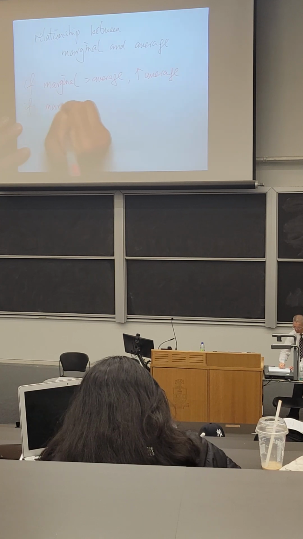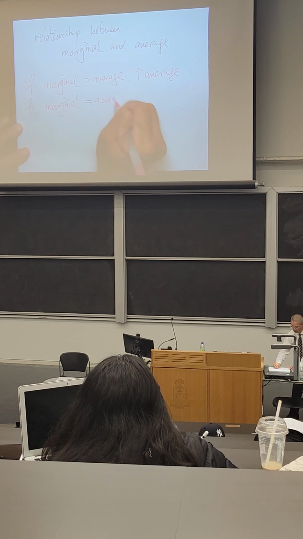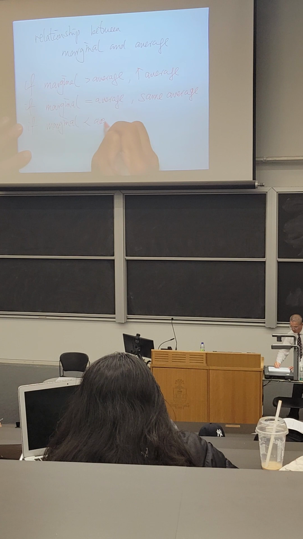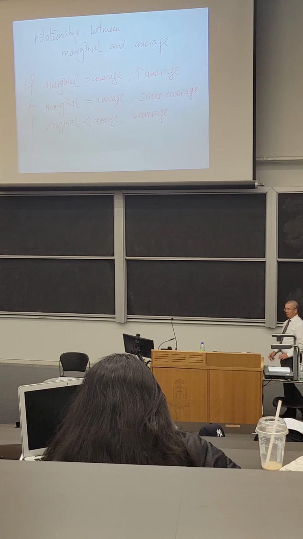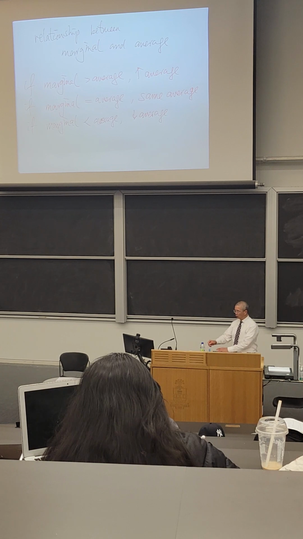If marginal equals average, the average remains the same. If marginal is less than the average, it will bring the average down. So this is the typical general relationship between marginal and average.